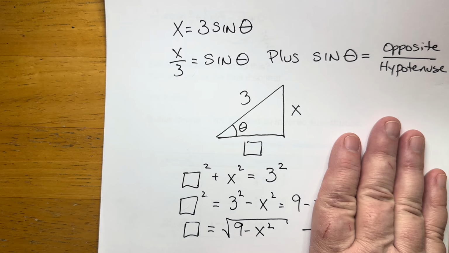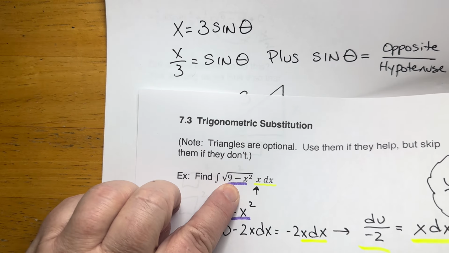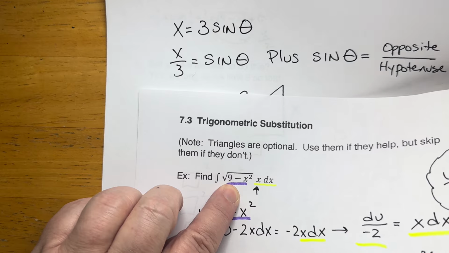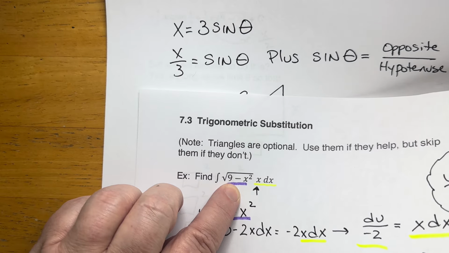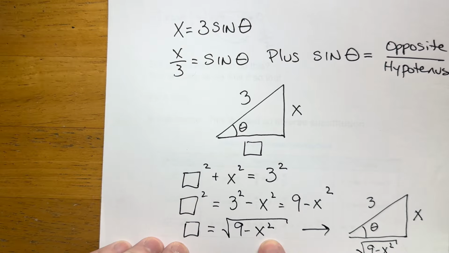And then I want to find the very first page and ask you, what was the integral? The integral was radical 9 minus x squared. So right there, we already had this form that is already speaking to a right triangle. So that's why it wasn't completely ridiculous that someone came in and said, hey, let's use sine and cosine.